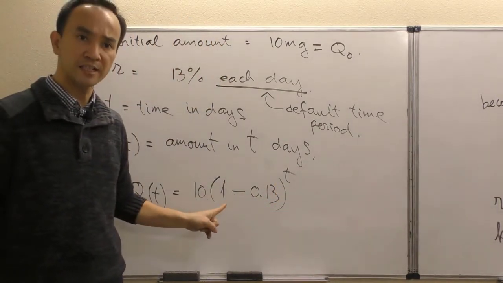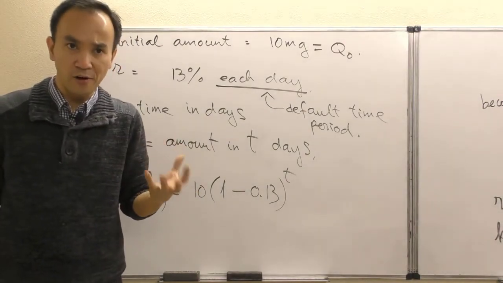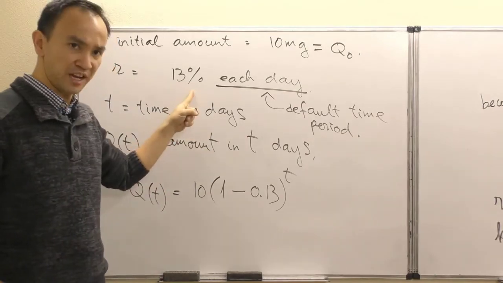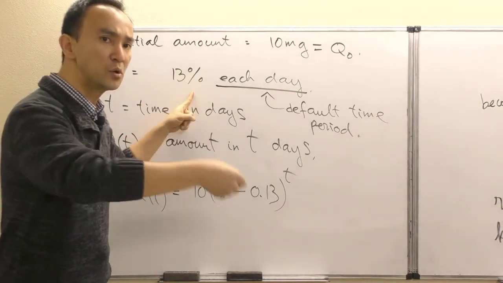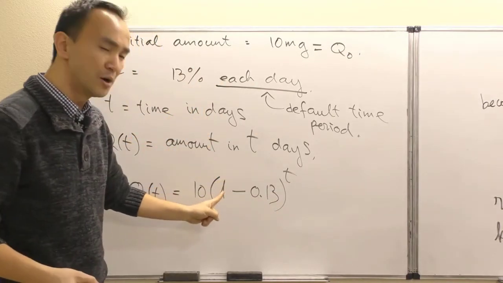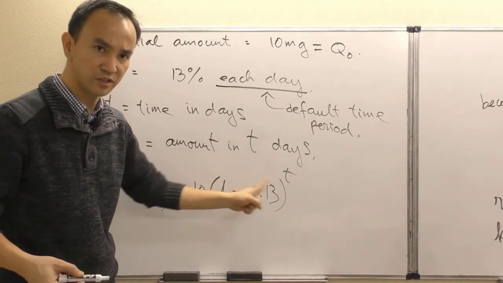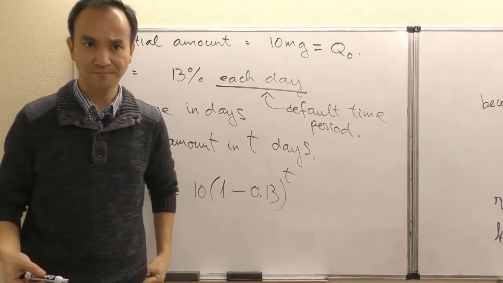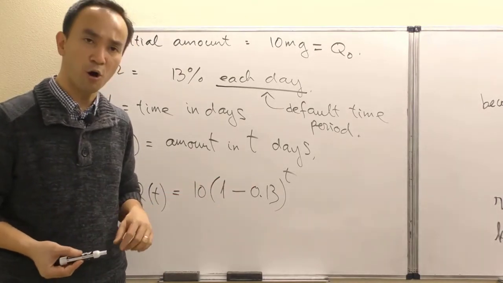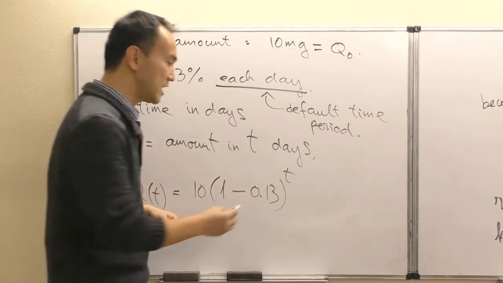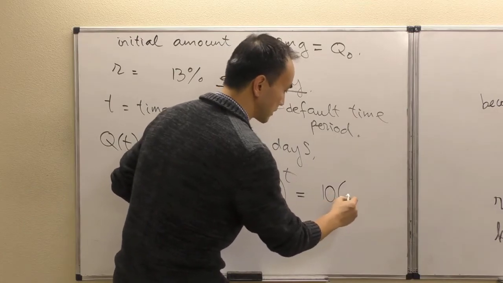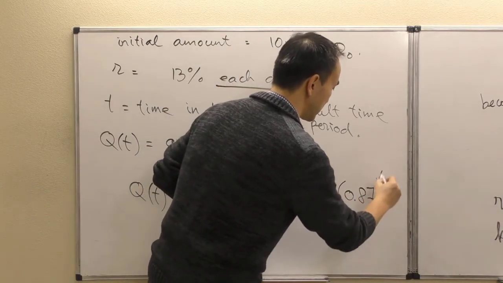We had a formal agreement that any time a rate indicates losing of the material, losing of the quantity, or losing of the population, then we go 1 minus the rate to the t. We're just exactly following that, and that's what we did earlier, because I'm not going to repeat the whole problem. And so 1 minus 0.13 is simplified down as 10 times 0.87 to the t.